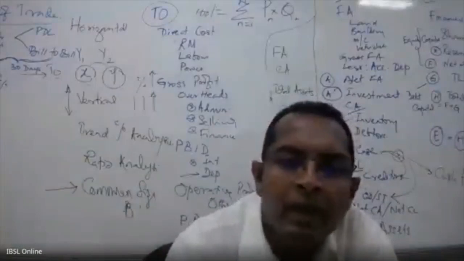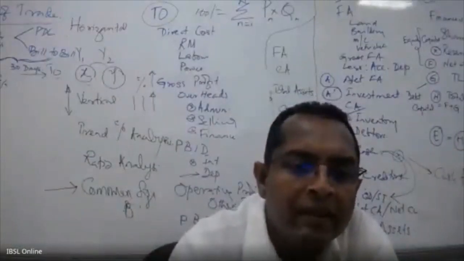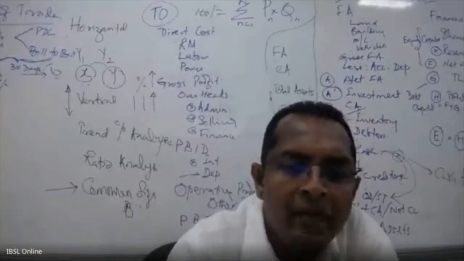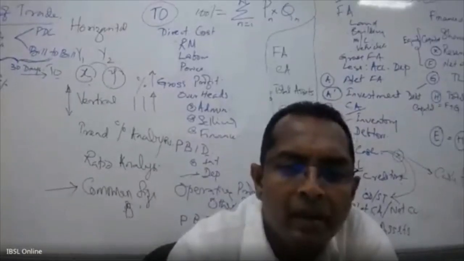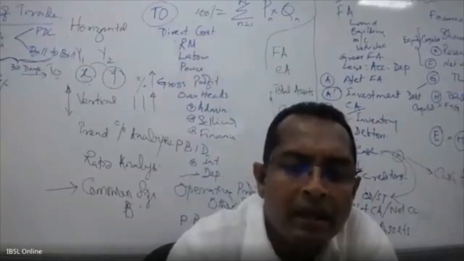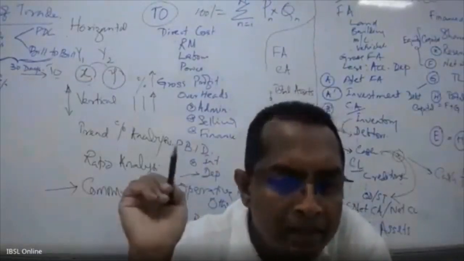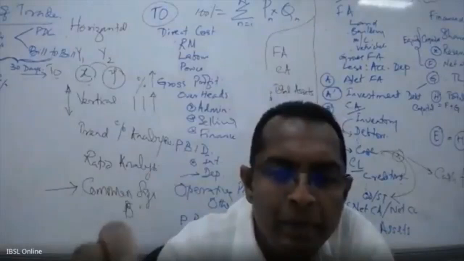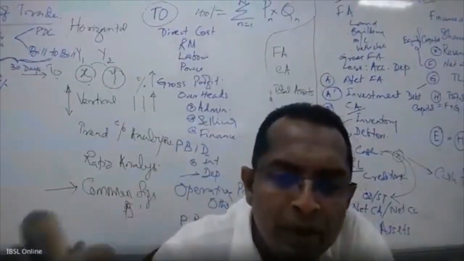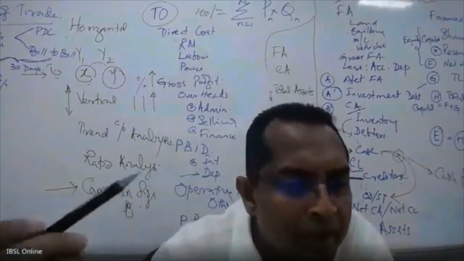Right? Acid test is current assets minus inventory divided by current liabilities. That means inventory is the most difficult item to convert to cash.